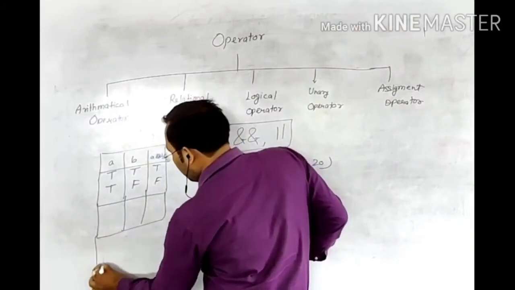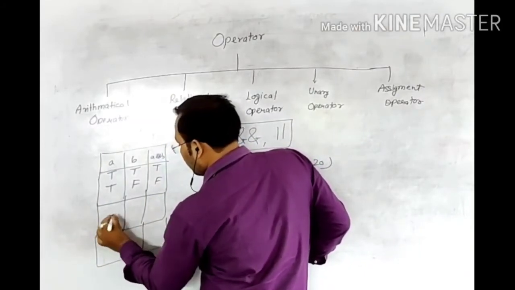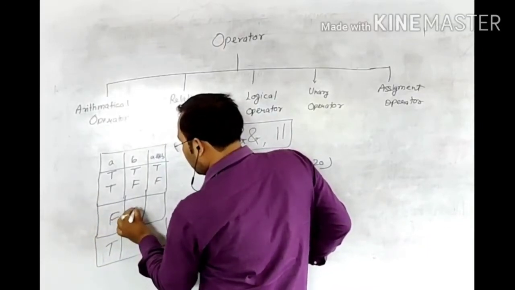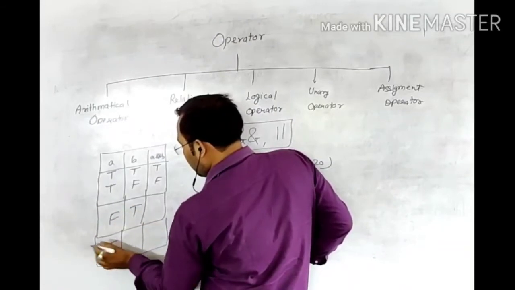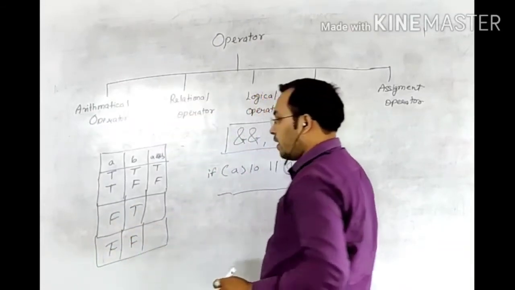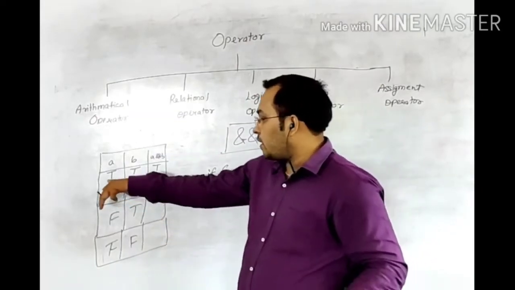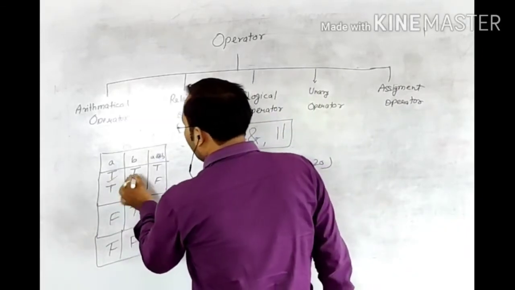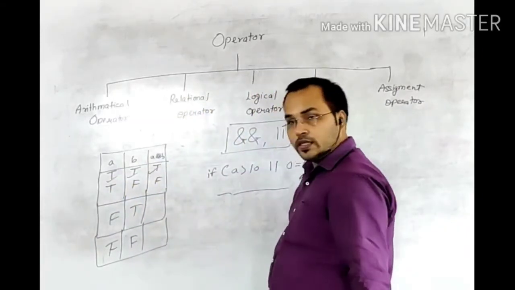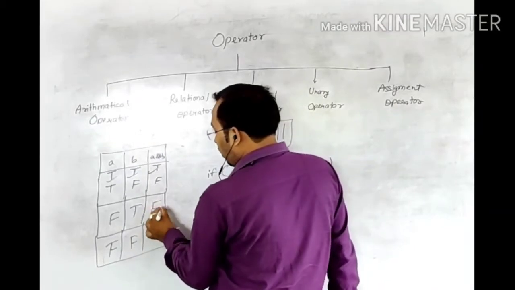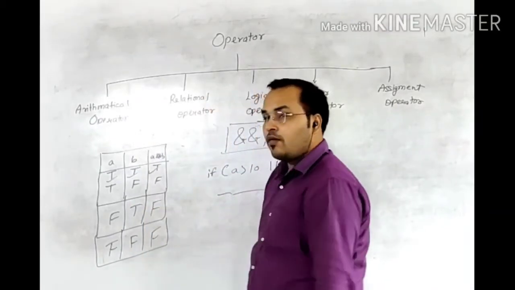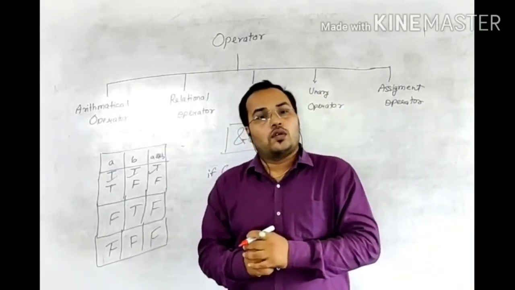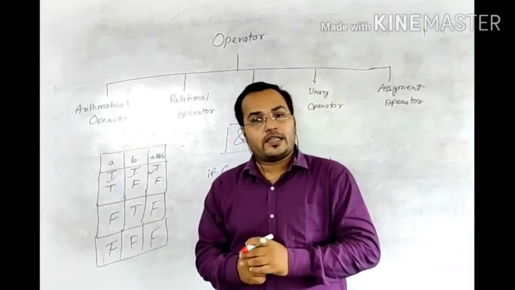Here you see true, true; true, false; false, true; false, false. Now here you can say in AND operator what happens: if both conditions are true, in that case only you will get a true result. But if any of the conditions is false, then you will get a false result, because AND says both conditions have to be true, then only you get the right result.